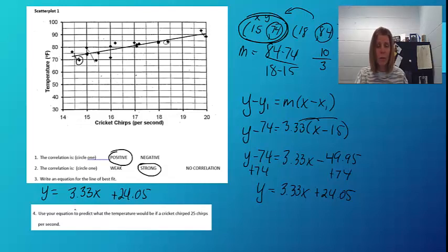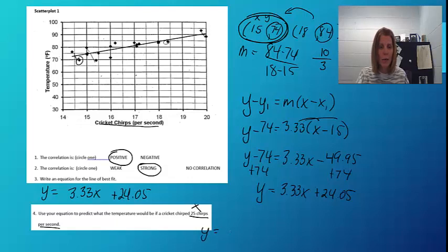All right. Now from here, the reason that we like to write equations is so that we can make predictions. So this says to use your equation to predict what the temperature would be if a cricket chirped 25 chirps per second. If I look up here, chirps per second is on my x-axis, so that is an x value. So when I go into my equation of my line of best fit, I'm going to put that in as an x value.